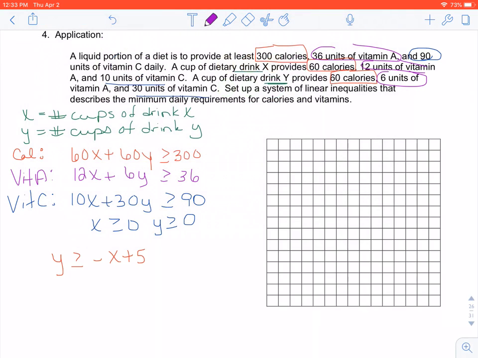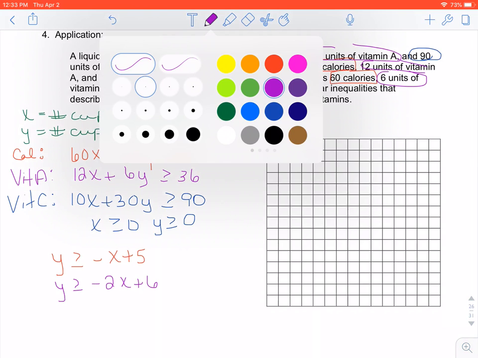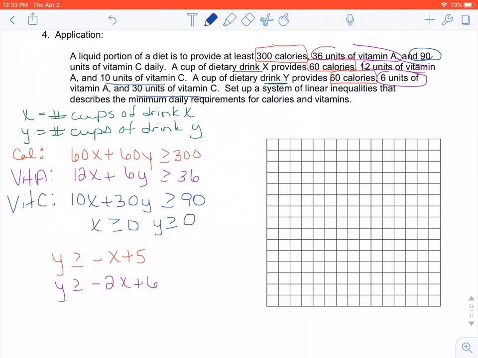Our second inequality, again, taking the x to the other side, dividing by 6, leaves us with negative 2x plus 6. And then our final inequality for vitamin C, taking the x to the other side, dividing by 30, leaves us with negative 1/3 x and then plus 3. So all of those look nice.